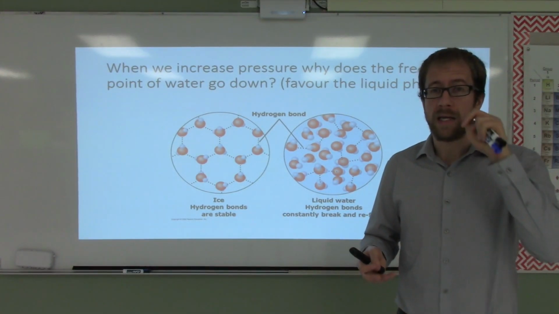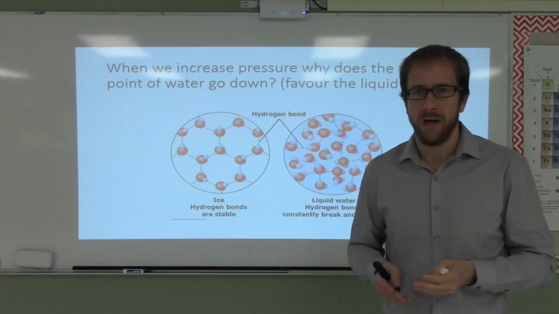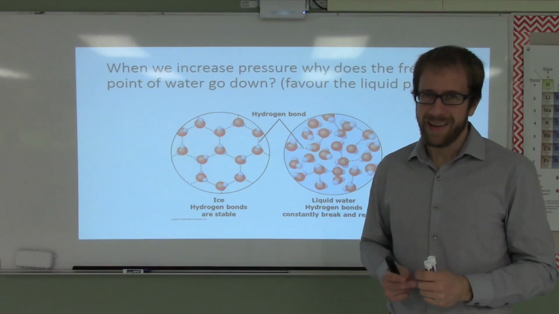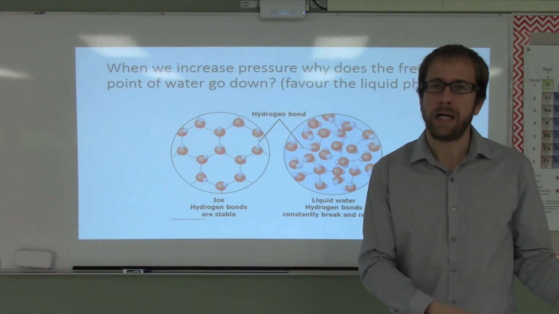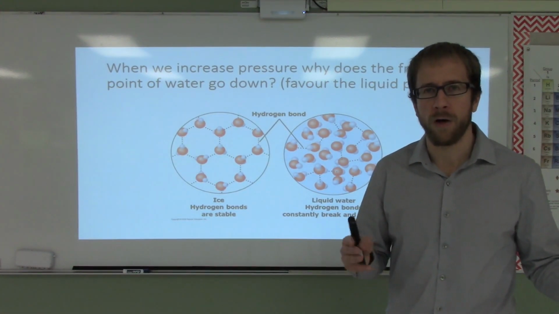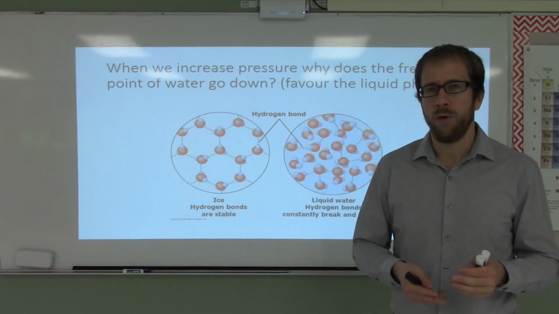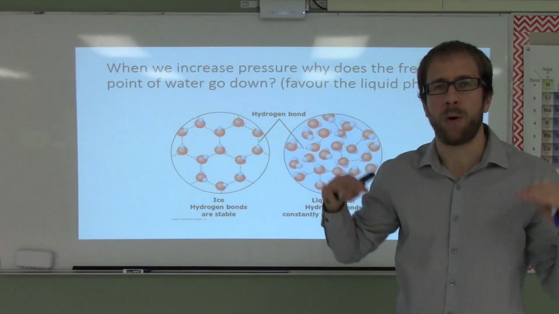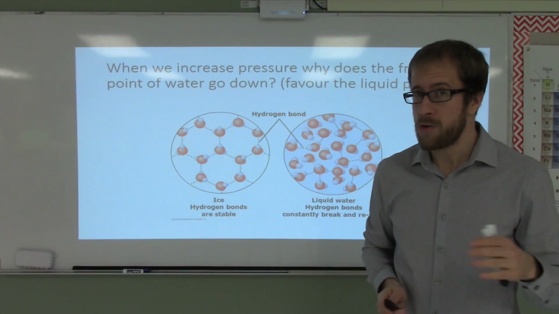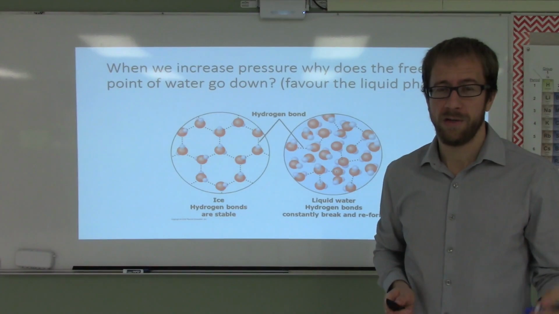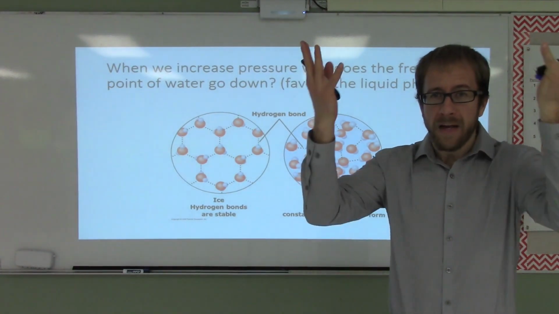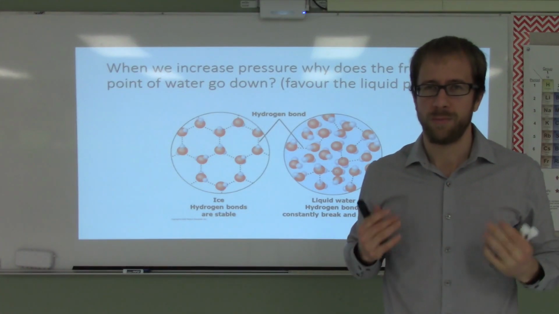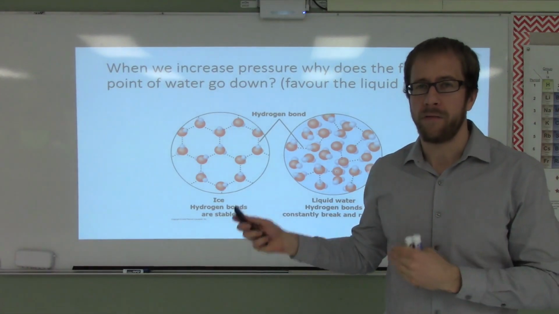And this property is pretty much essential to life forming on this planet. We think that life originated at hydrothermal vents on the bottom of our ocean, but life really wouldn't have been able to develop too much if water froze from the bottom up, which most other substances will do, right? Because their solid phase is heavier, more dense than their liquid phase.